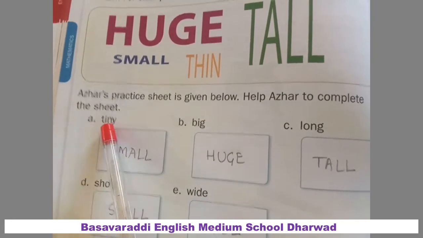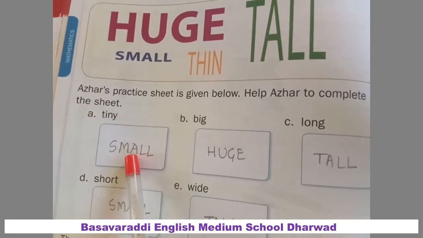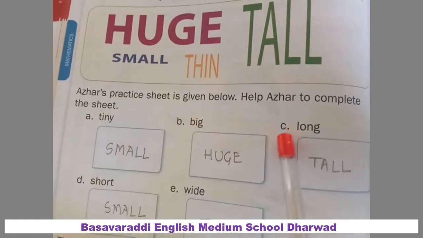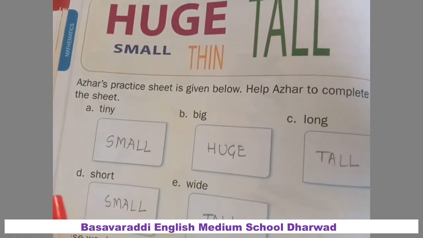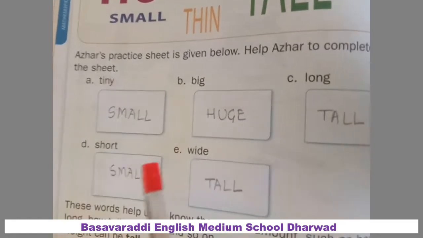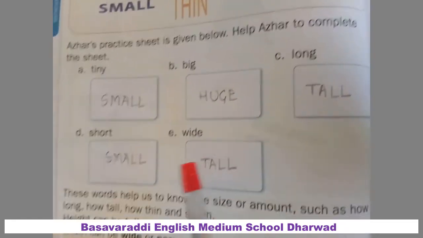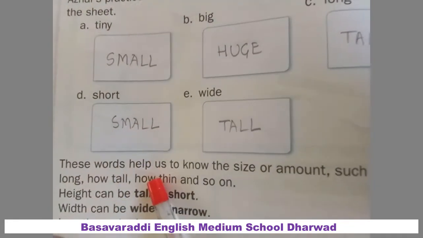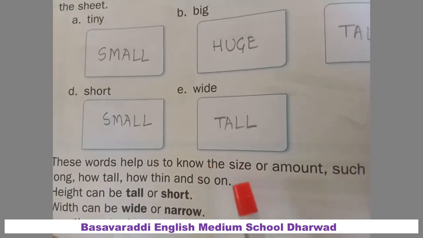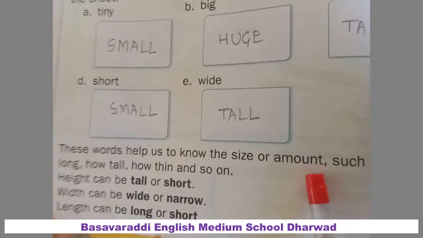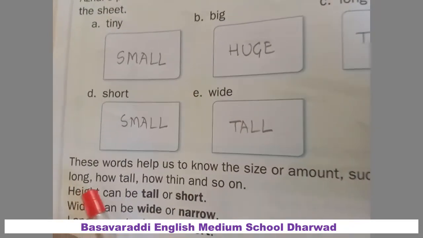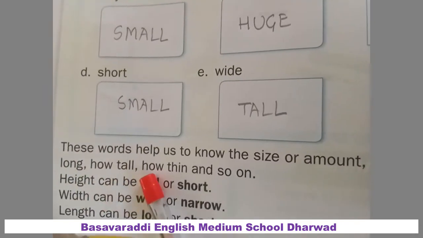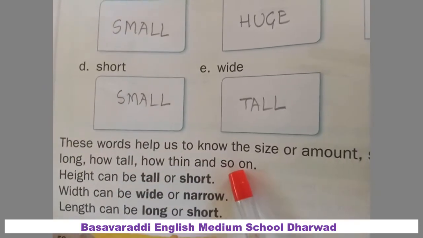So tiny. Tiny means what? Small. Big, huge. Long, tall. Short, small. Wide, tall. These words help us to know the size or amount, such as how long, how tall, how thin, and so on.